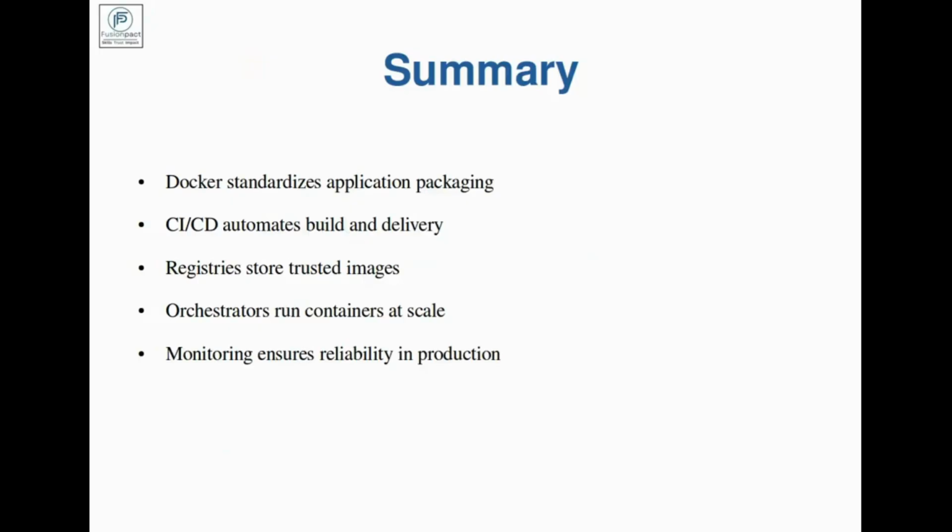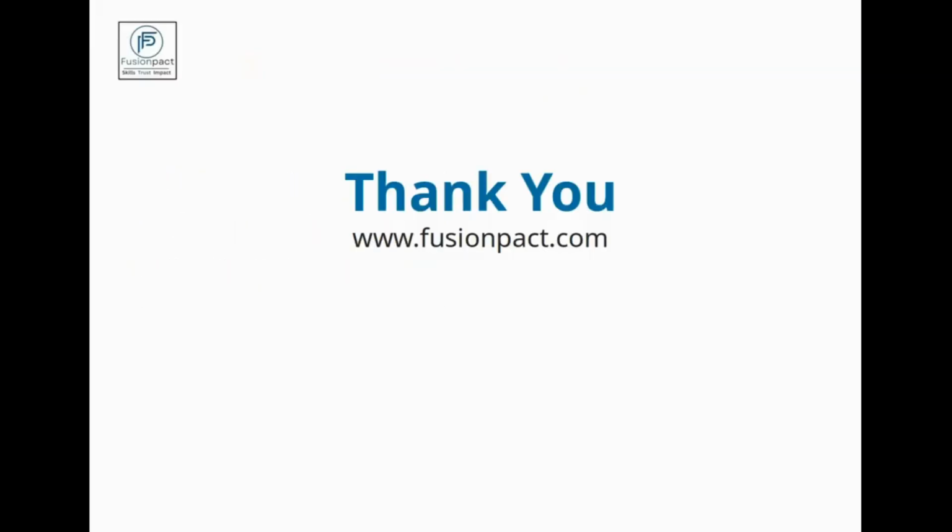Registries are generally used to store those images, and orchestration maintains those containers at scale, when we have huge microservices architectures with a lot of containers that need to be managed and maintained. Kubernetes is the best example of how we can orchestrate and manage those containers. That's all. Thank you.